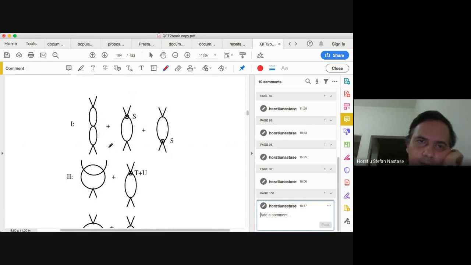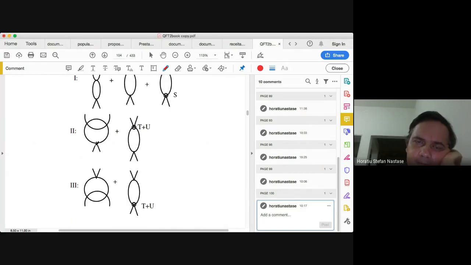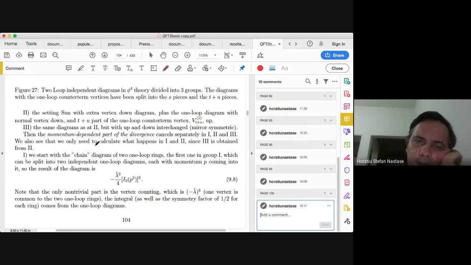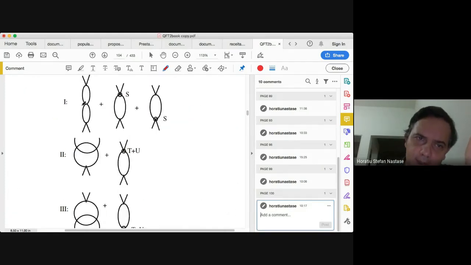So the first divergence is this chain: there's a one loop, and then I glue it to another one loop. So the result of the diagram is then simply this one. It's I2 of p squared, which is the one loop integral. So this is a one loop integral, right?